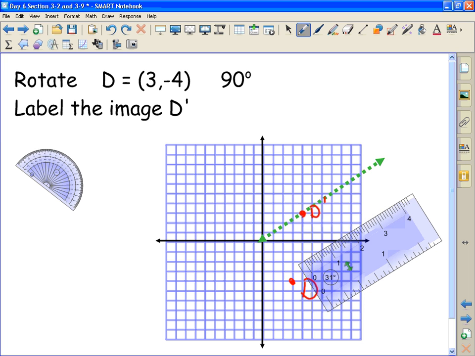If you look at it, you will notice that it has the coordinates of the point 4, 3. So D prime has the coordinates of 4, 3, which were just the numbers flip-flopped, and I took the 4 and made it positive. Do not worry about memorizing the shortcut. If you see problems like this, just go ahead and construct them like we have.